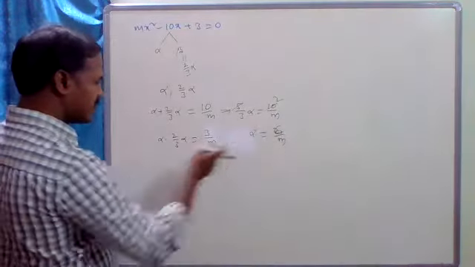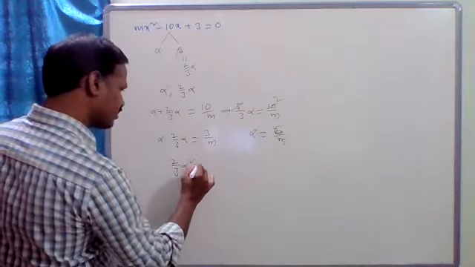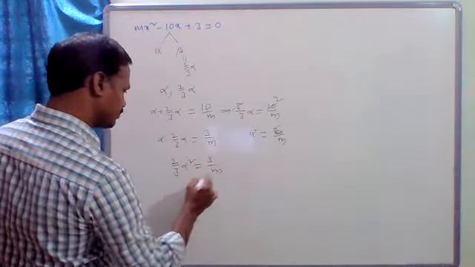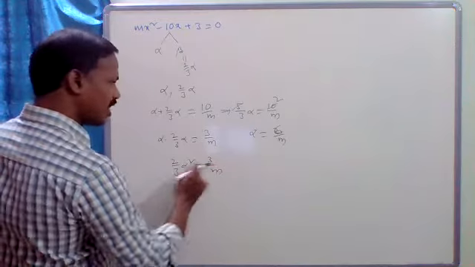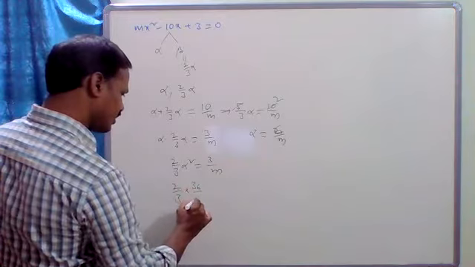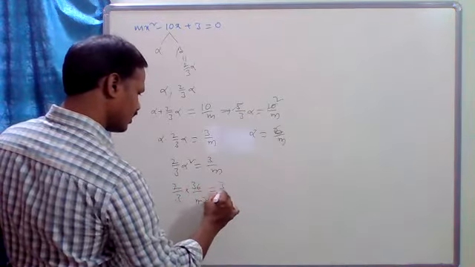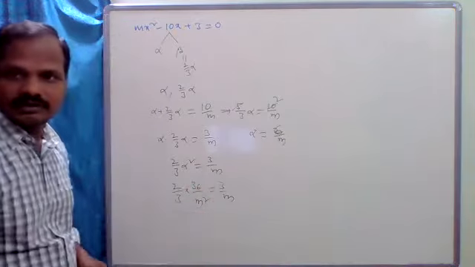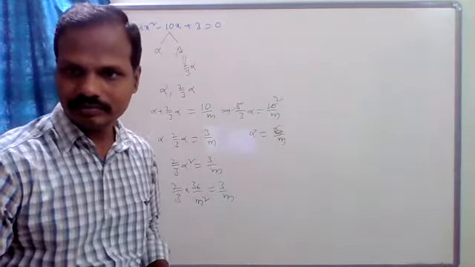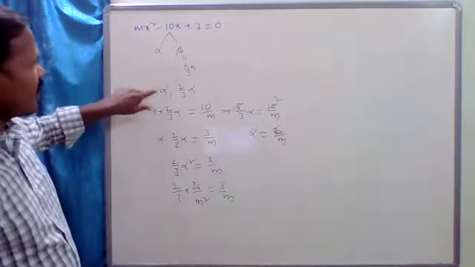Now substitute the 6/m here. So here 2/3 alpha square equal to 3/m. So 2/3 alpha square means 36/m square equal to 3/m. So the roots are alpha and 2/3 alpha.